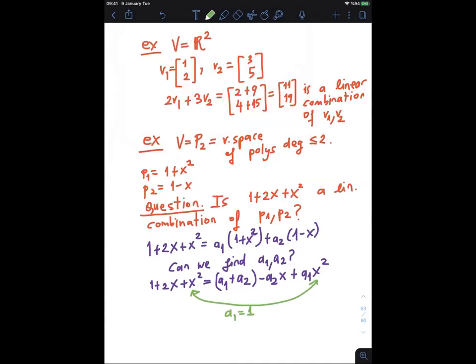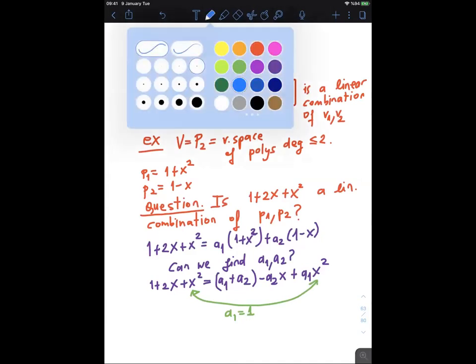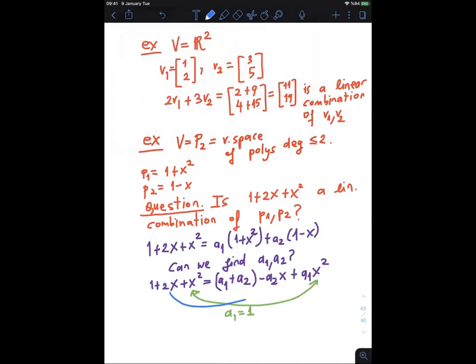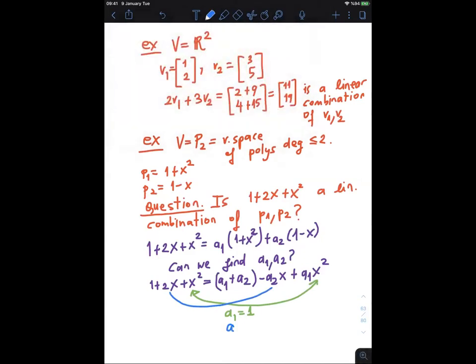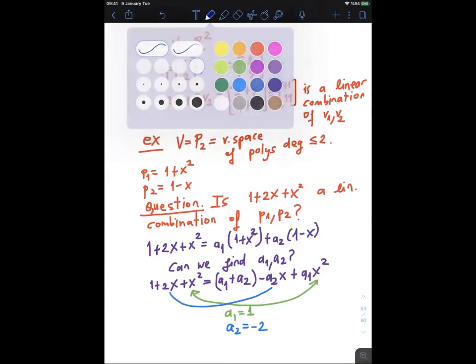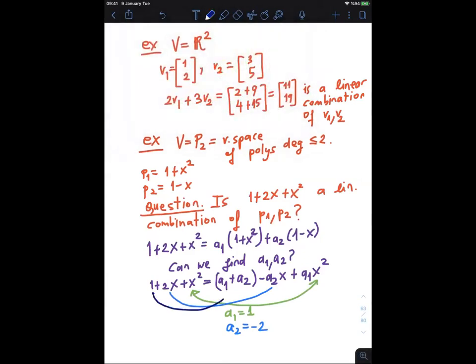Then we look at the x terms, which means a2 must be minus 2. Finally, looking at the constant parts, a1 plus a2 must be 1.